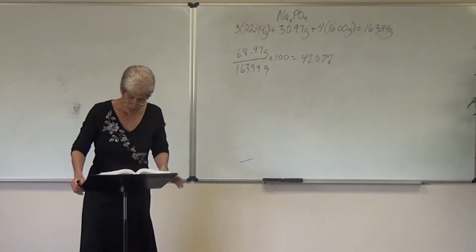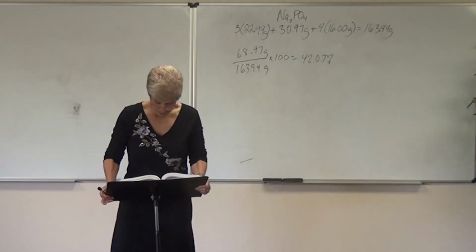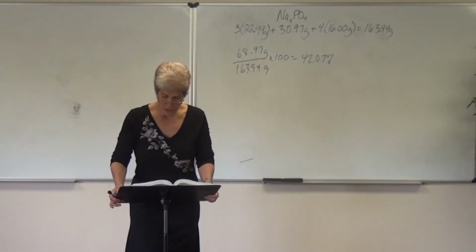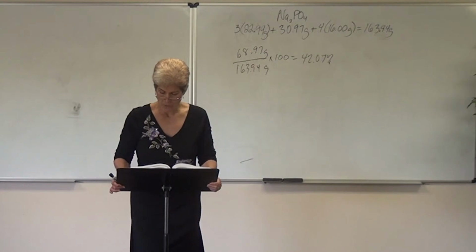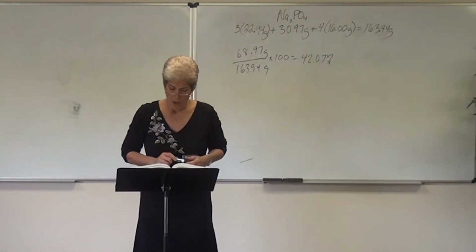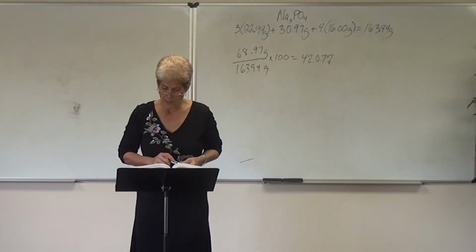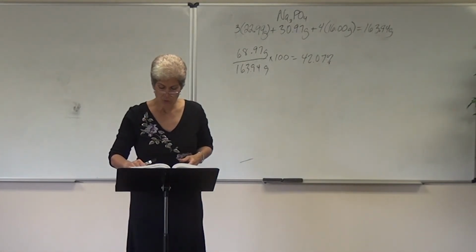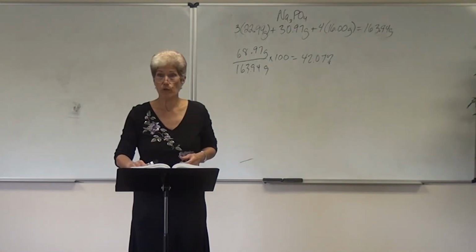Okay. Number 16. A 500-gram sample of an unknown substance is decomposed into 142.2 grams of magnesium, 71.2 grams of carbon, and some oxygen that escaped and could not be measured. What is the empirical formula? You convert these into moles.